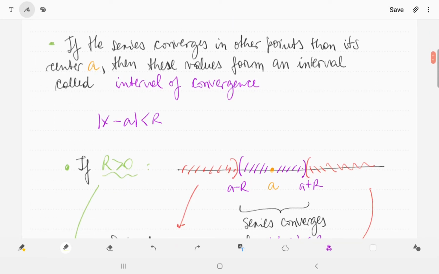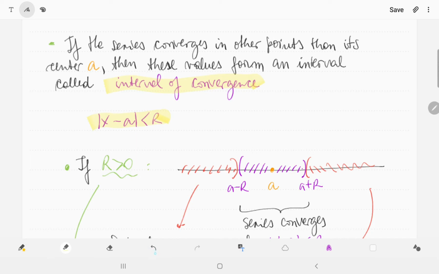Then, here are the names that I was talking about. Imagine that there are more points, not only the center, where the series converges. Then we call that the interval of convergence, and usually it has this form.